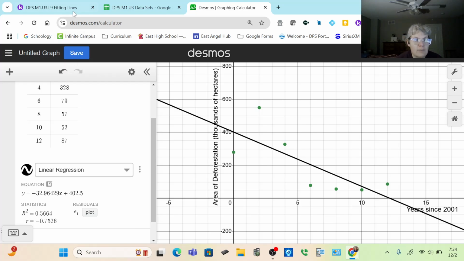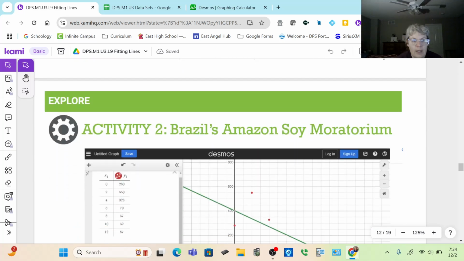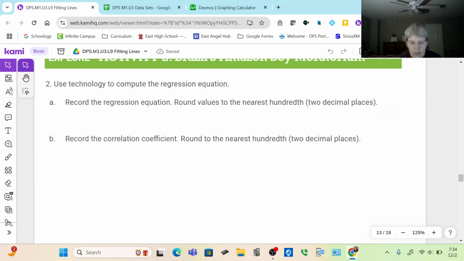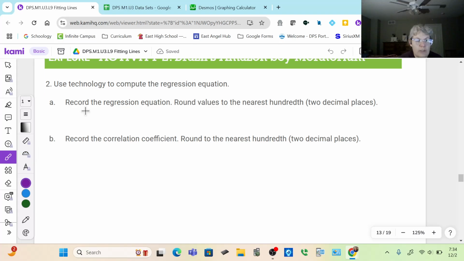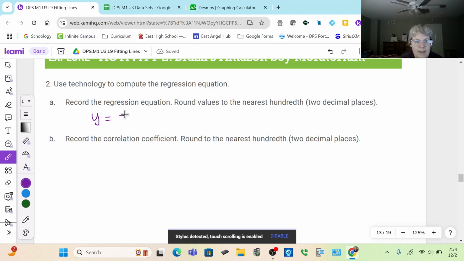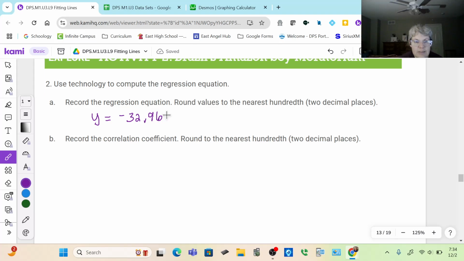So if I go back to my slides, and I'm going to jump ahead here, that regression equation said round to 2 decimal places. So I'm going to have y equals negative 32.96x plus 402.5.